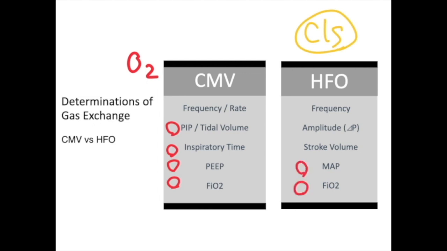Oxygenation in HFO will involve MAP and FiO2. As for ventilation, CMV will be related to delivered pressure and respiratory rate, as well as inspiratory time and PEEP. Similarly, for HFO, MAP as well as frequency and amplitude affect ventilation.